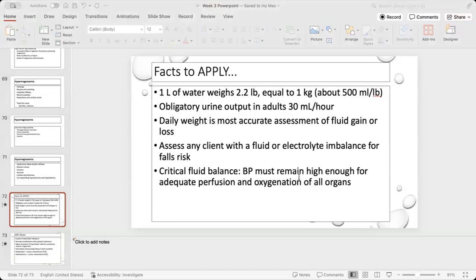The most common base in the body is bicarbonate. The most common acid is carbonic acid. When you add carbonic acid and water, CO2 is one of the products, so CO2 has to do with the respiratory system, or acids. Bicarbonate has to do with the metabolic system, or our bases.